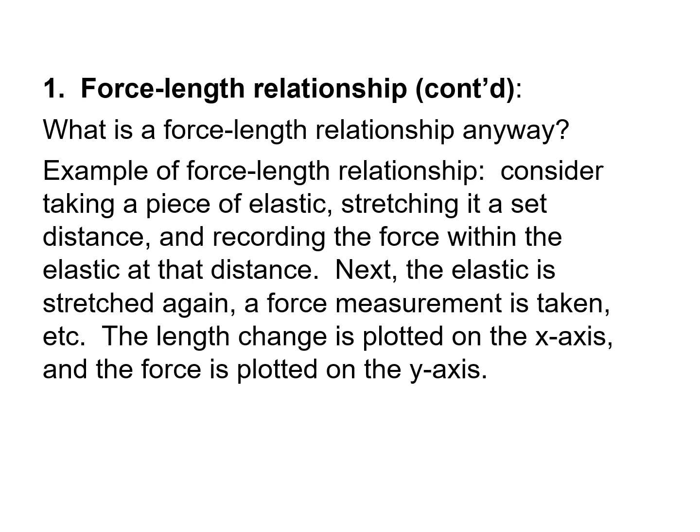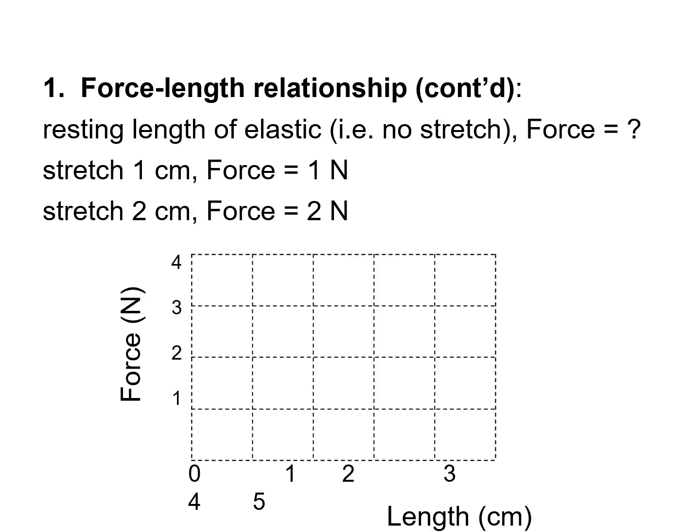The length change will be plotted across our x-axis and the force plotted against our y-axis. So here we start. We took a piece of rubber band and stretched it to 1 centimeter and recorded a force of 1 Newton. If we then stretched it to 2 centimeters, we'd record a force of 2 newtons. So we're seeing a nice linear relationship with a rubber band.